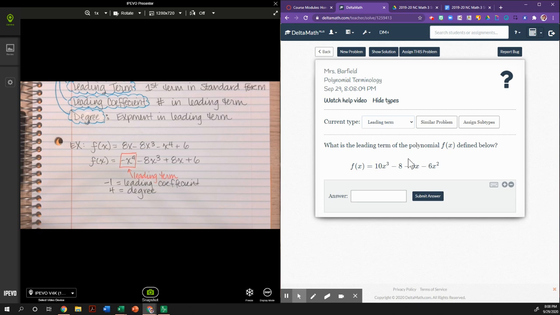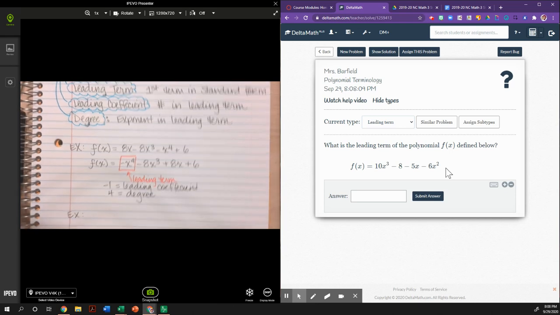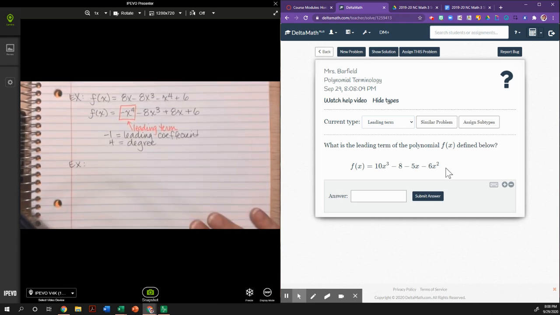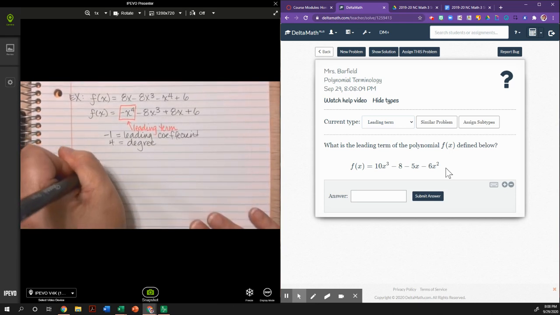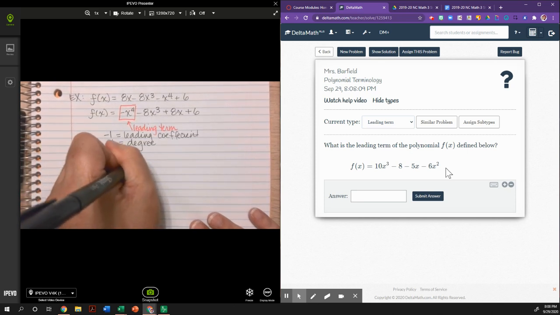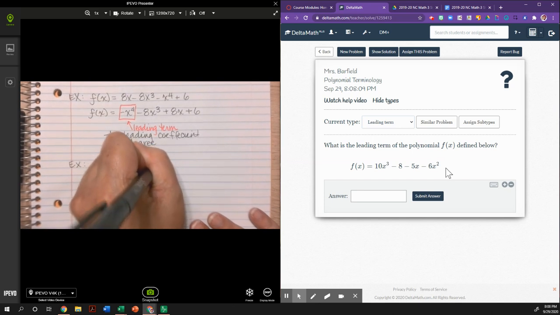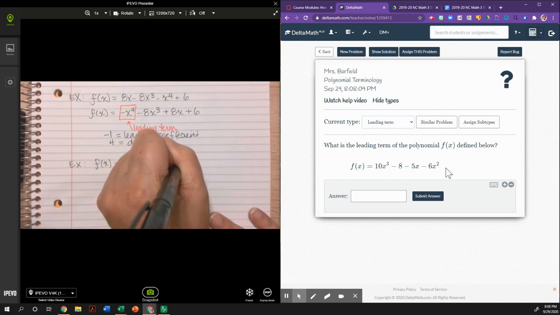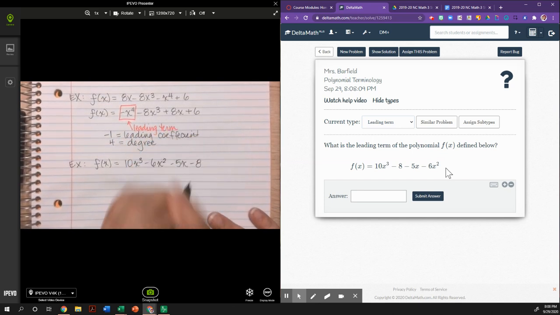When I put this polynomial in standard form, f of x equals 10x to the third minus 6x squared minus 5x minus 8.